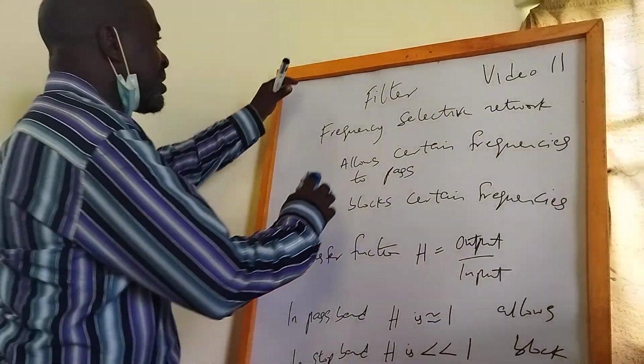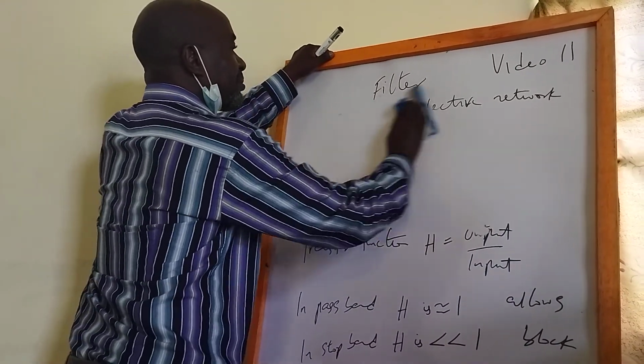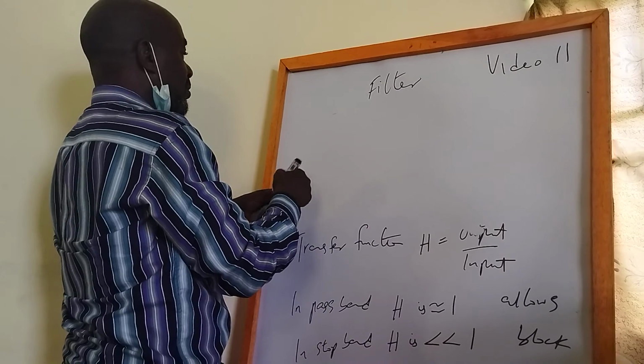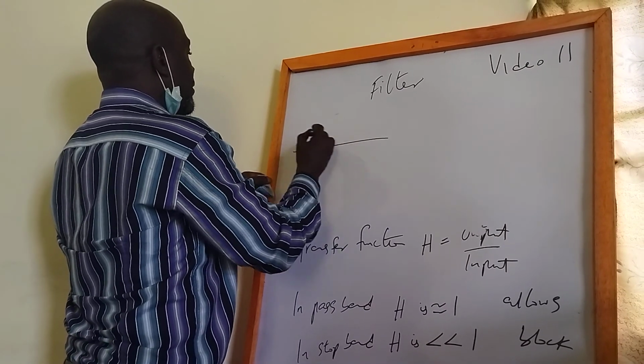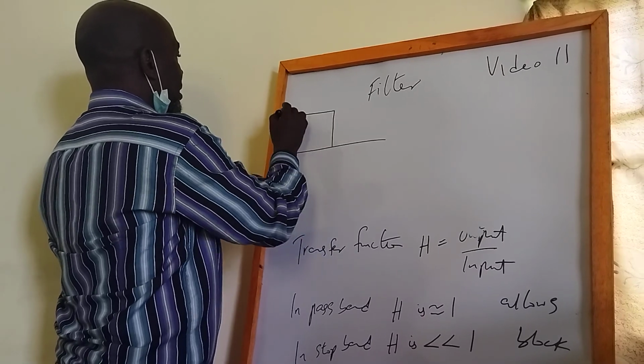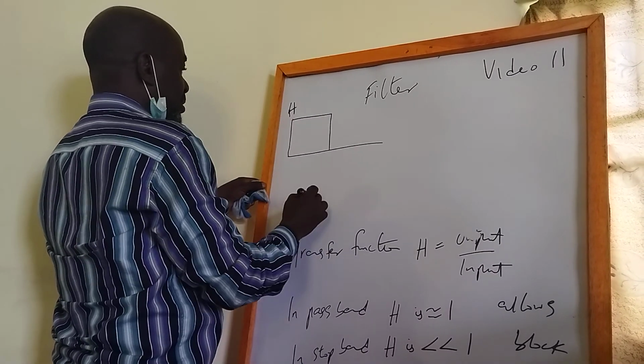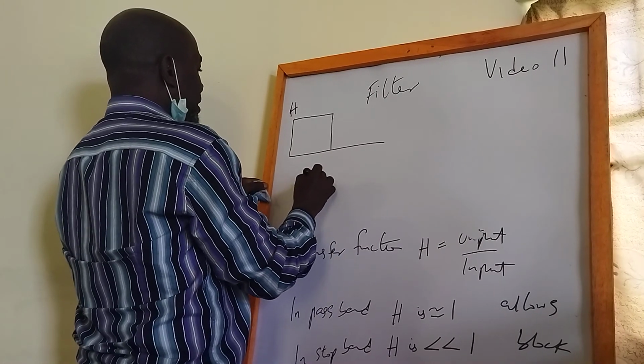Now, the ideal characteristic. We have low pass filter is like this, where this will be 1. This is H. This is low pass filter.